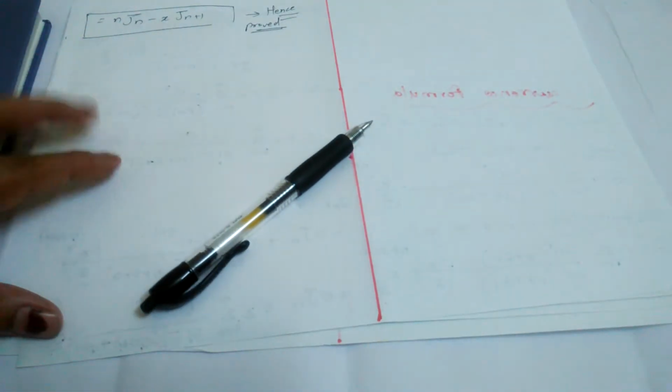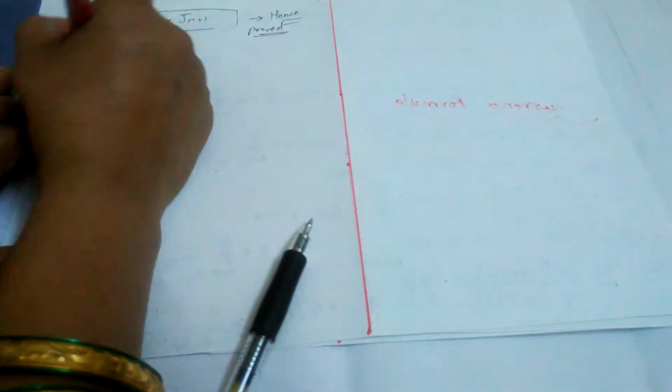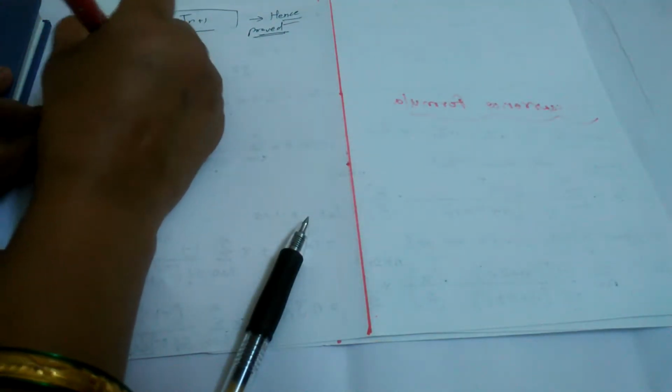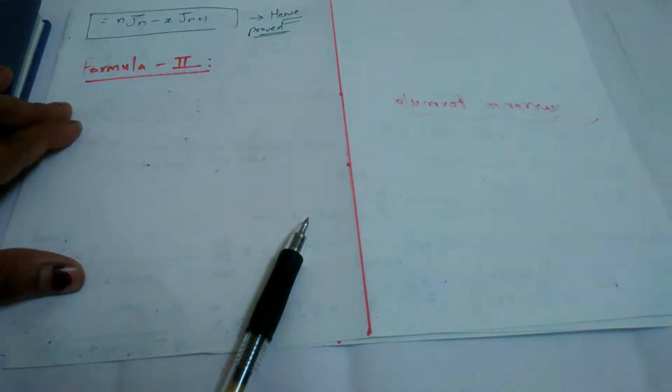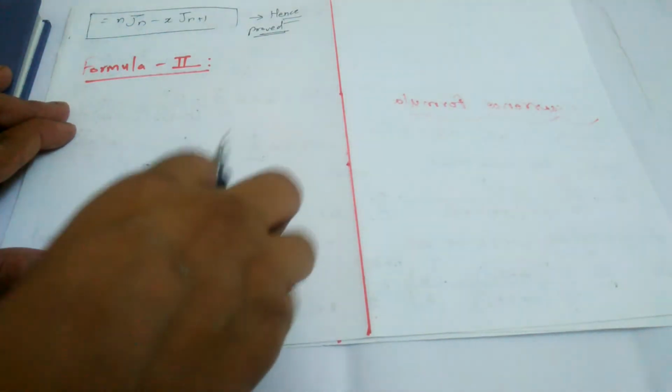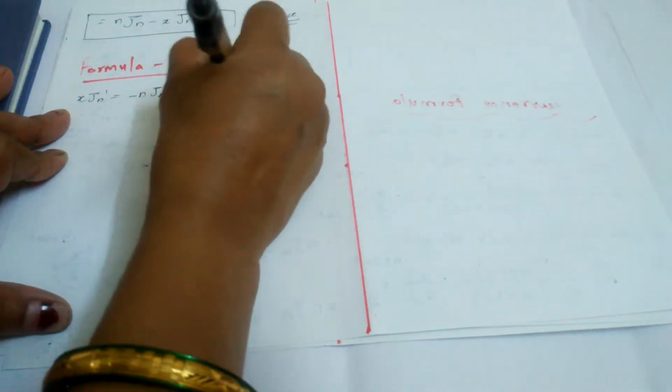Now we'll start with the second relation for the recurrence. We call it formula 2. It is x J_n dash equals minus n J_n plus x J_n minus 1.